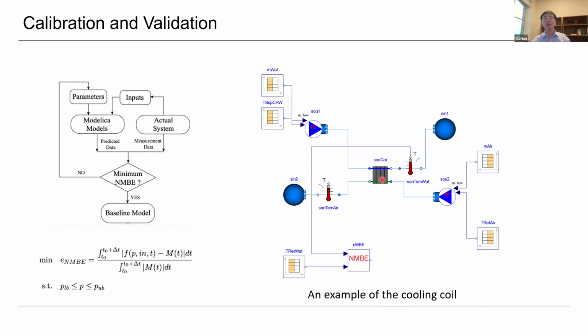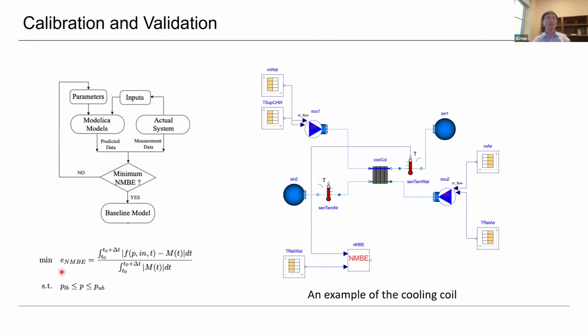So this is an example of how we do the calibration. And this is a cooling coil. So we feed this model with the supply water temperature and mass flow rate. And then we have the model to predict the outlet water temperature. And then we compare this simulated outlet water temperature with the actual measurement. Okay. And then we want to minimize the error, right?